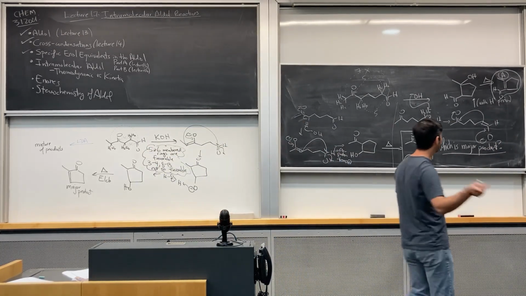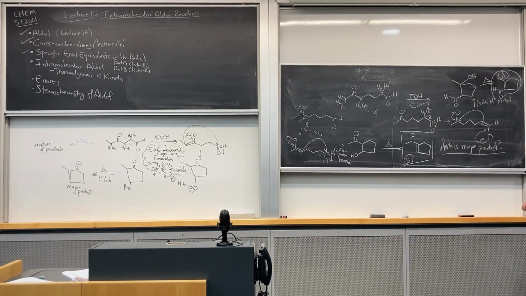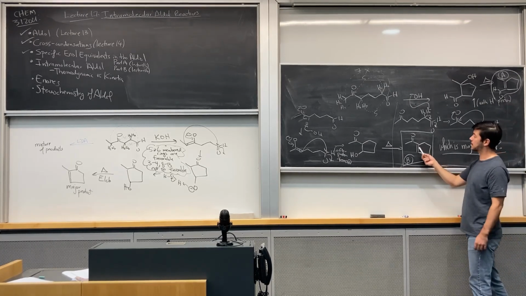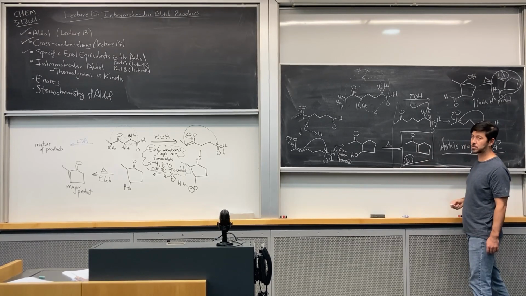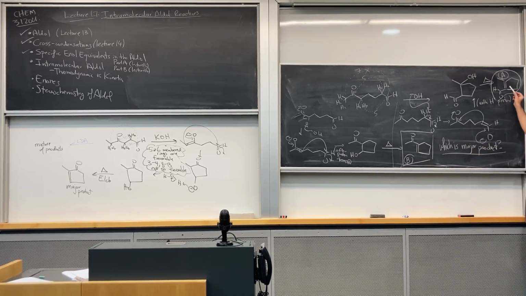Well, let me ask you this. Which compound is more stable? They're both double bonds. Which one is more substituted? This double bond here has 1, 2, 3 things attached. Let's not count the hydrogen. This one here has 1, 2, 3, 4 things attached.